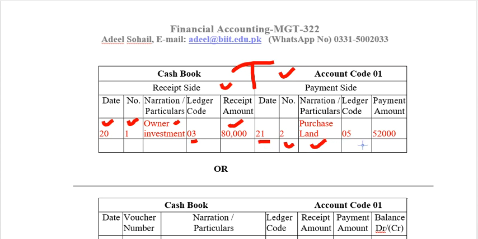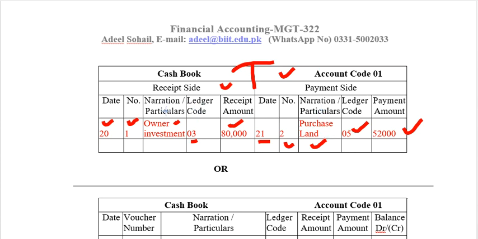We mention the ledger account of land as account code 5, and 52,000 cash payment has gone out. That is one way we write all the payments made in cash, and similarly the cash collections are mentioned on the left hand side, and on the right hand side we write all payments, all disbursements of cash.